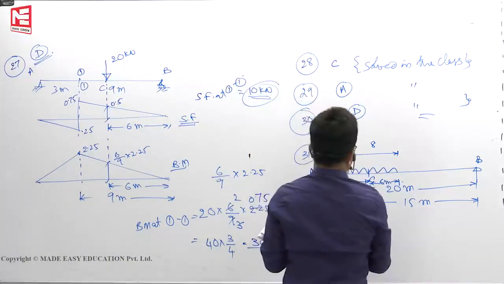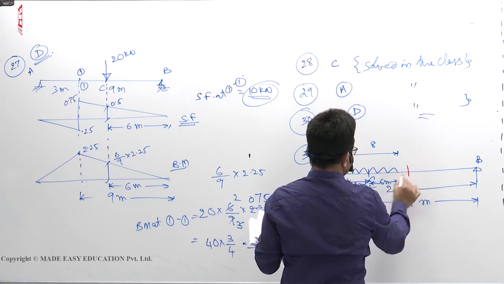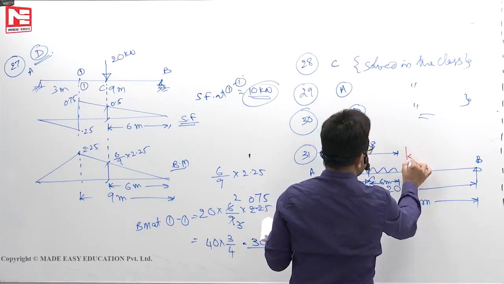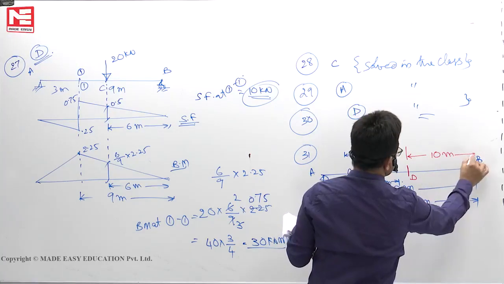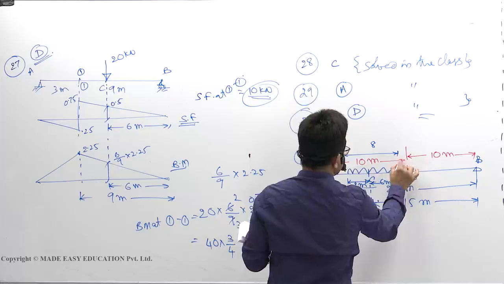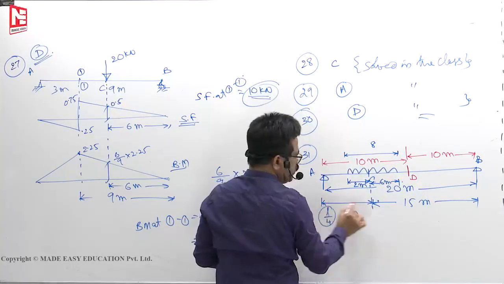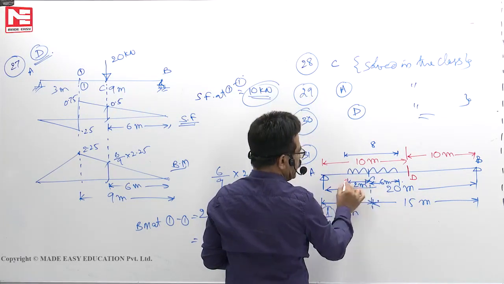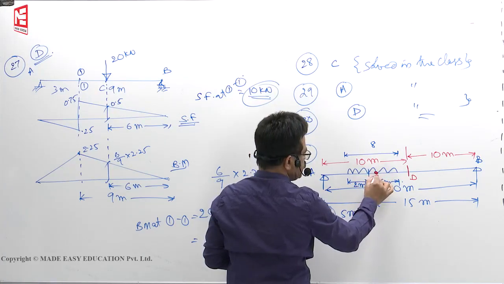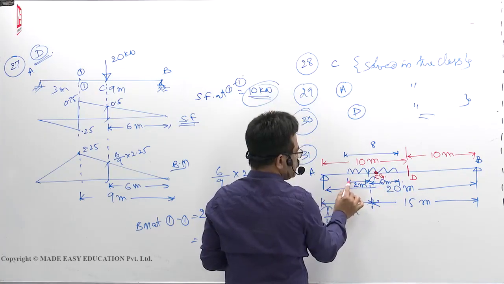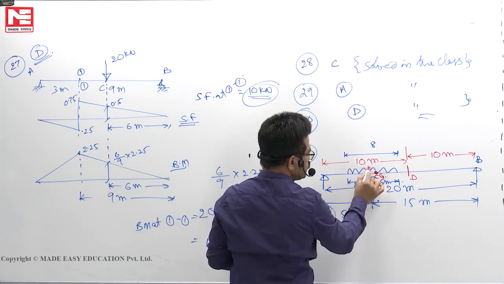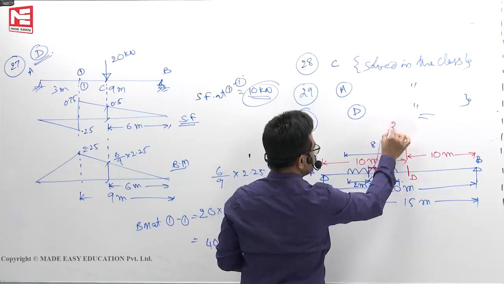Midspan is here. D is the midspan. Total is 20 meters, so take 10 meters, and the other distance is also 10 meters. Now from here to here 5 meters. And this is 6 plus 2, 8 meters, means 4 meters. This is the CG of the load. This is 2 meters, so from C, another 2 meters.